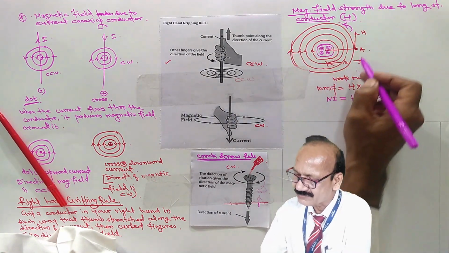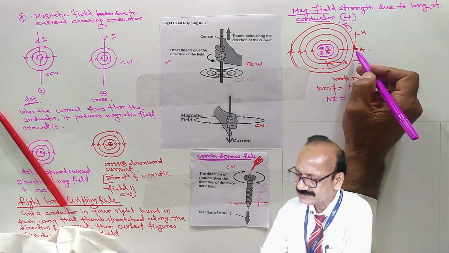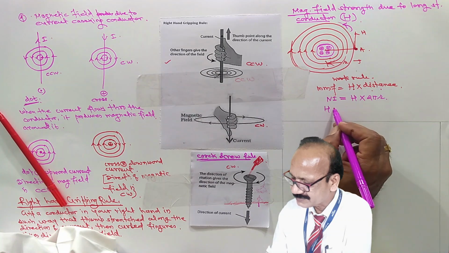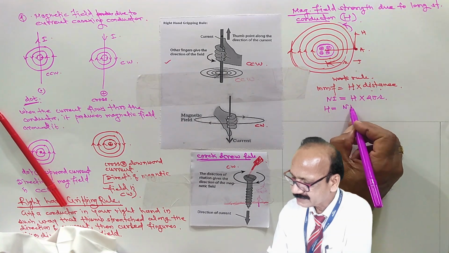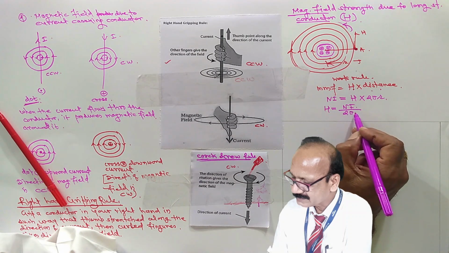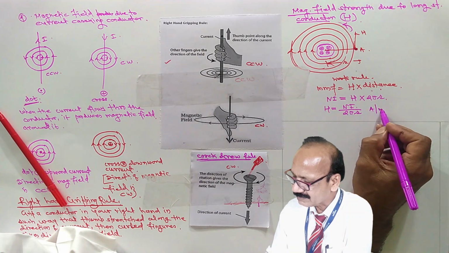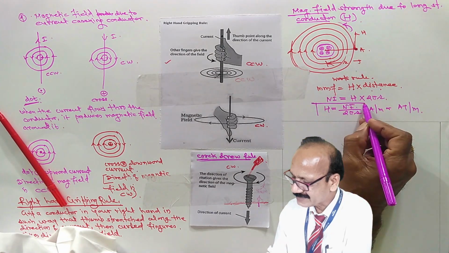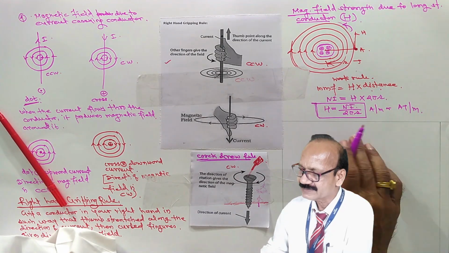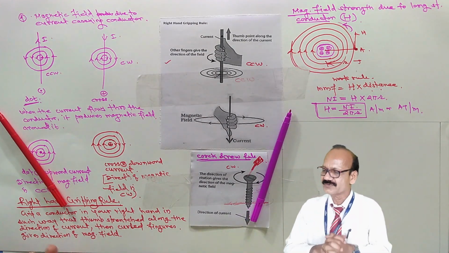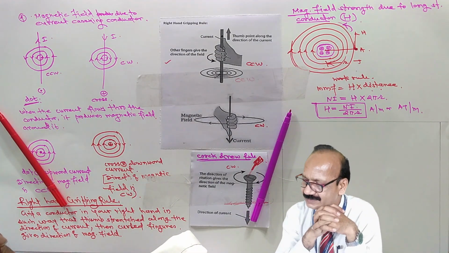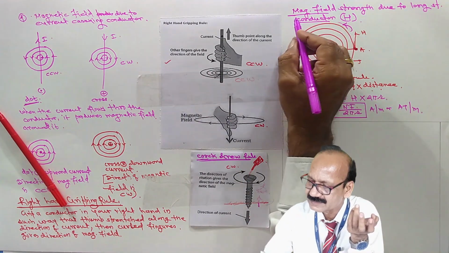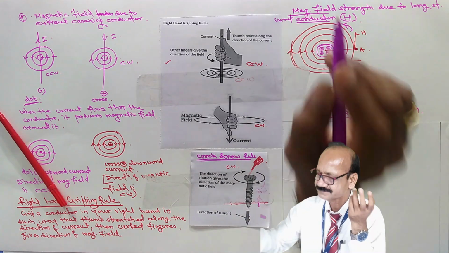This is the complete round around the conductor, that is nothing but 2 pi r, and therefore magnetizing force H equals NI upon 2 pi r, ampere per meter or AT per meter. So this is the magnetic field strength produced by a long straight current carrying conductor.